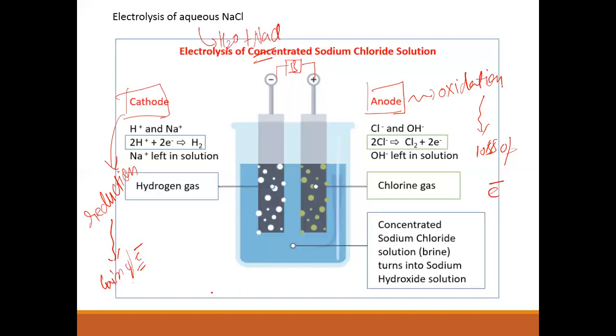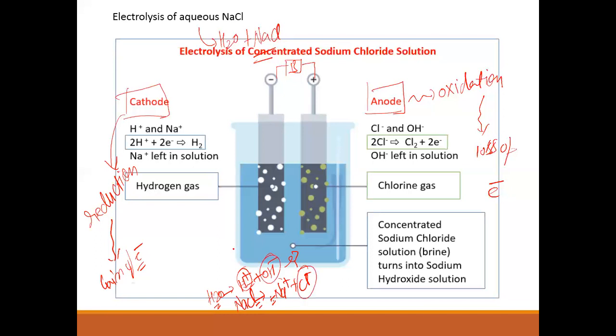Here H2O breaks into H plus and OH minus, whereas NaCl breaks into Na plus and Cl minus, because the solution contains H2O as well as NaCl. Okay, here are H plus ions and Na plus ions. So there are two cations and there are two anions.